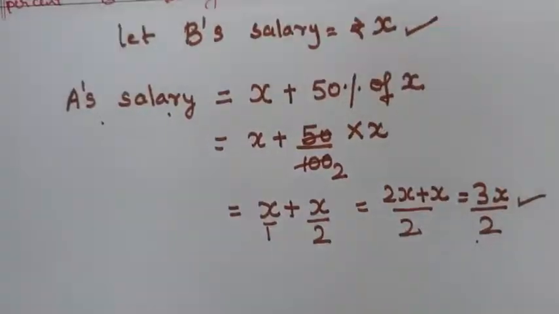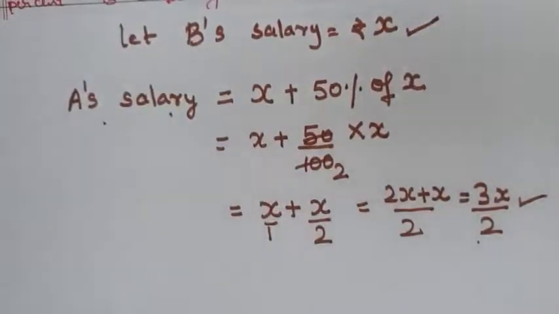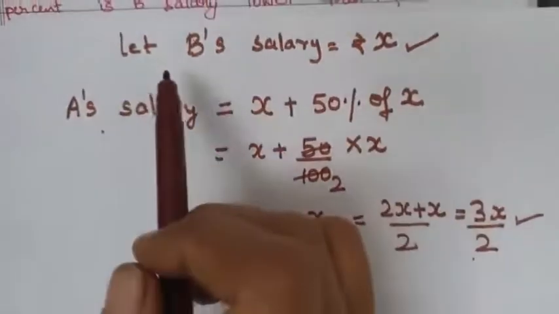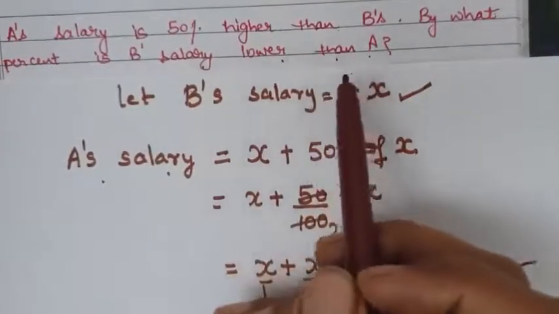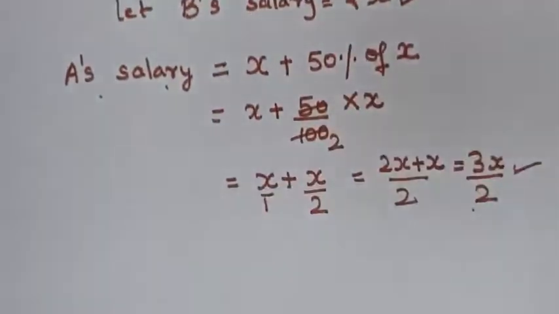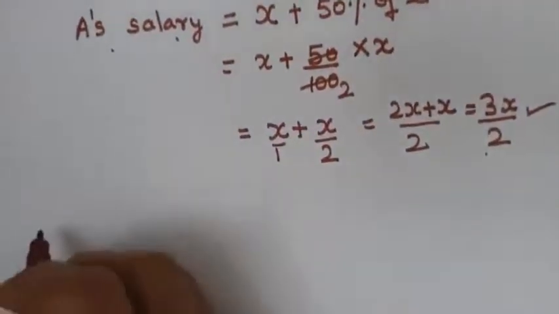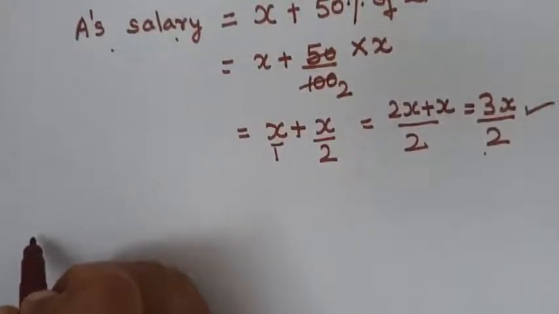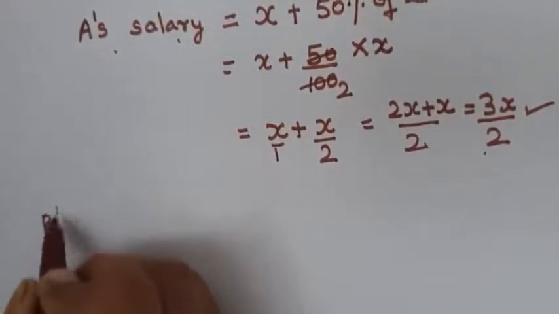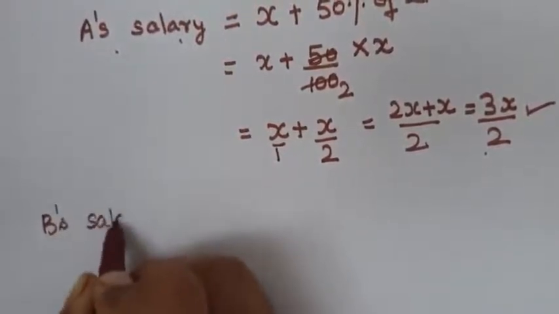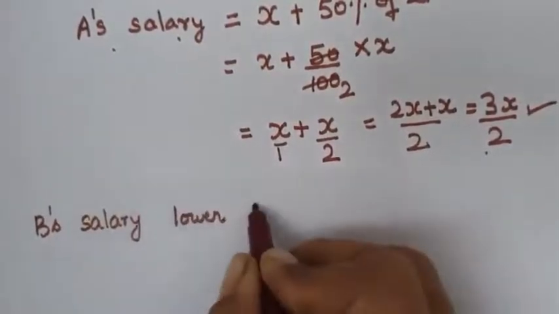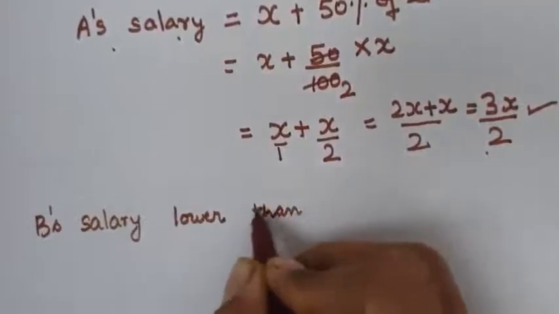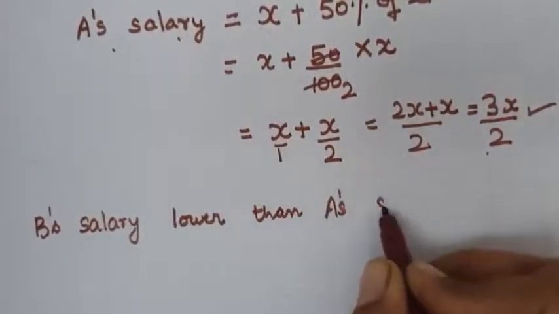Clear, children? Now from the statement, we know that B's salary is lower than A's salary. So first of all, let us find how much B's salary is lower than A's salary.